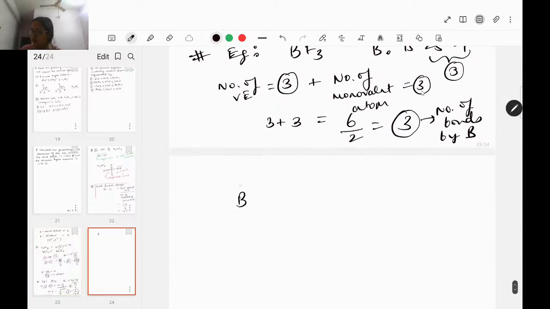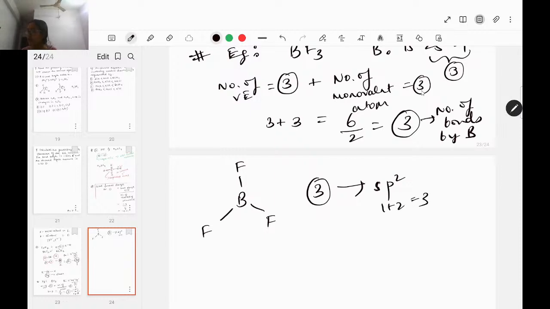So B forms 3 bonds with fluorine, and anything which forms 3 bonds, what hybridization has 3 units in it? sp2, 1s and 2p. See, 1 plus 2 is 3. So this number is sometimes called the steric number.